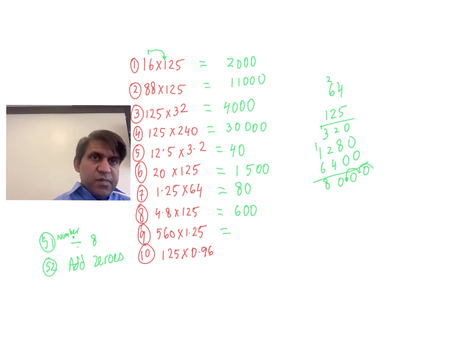So it's a number beyond 560. So that's our reference. So what's 56 divided by 8? That's 7. 700.